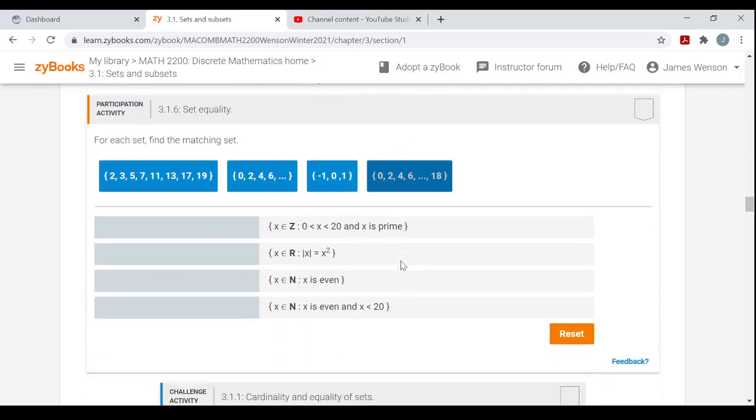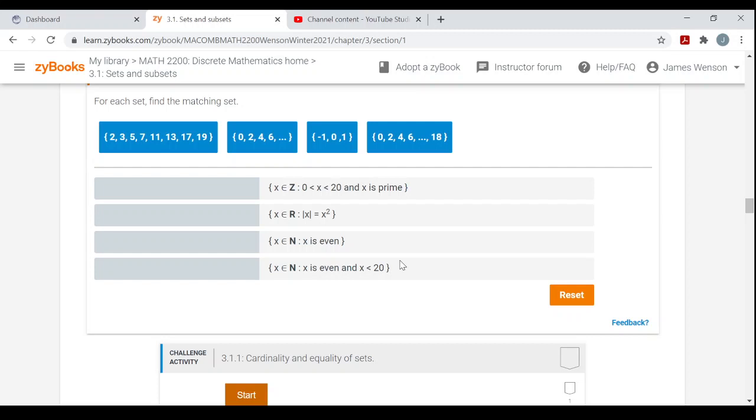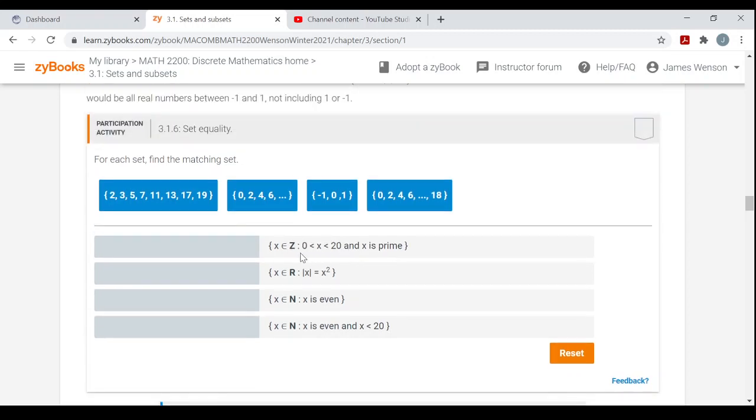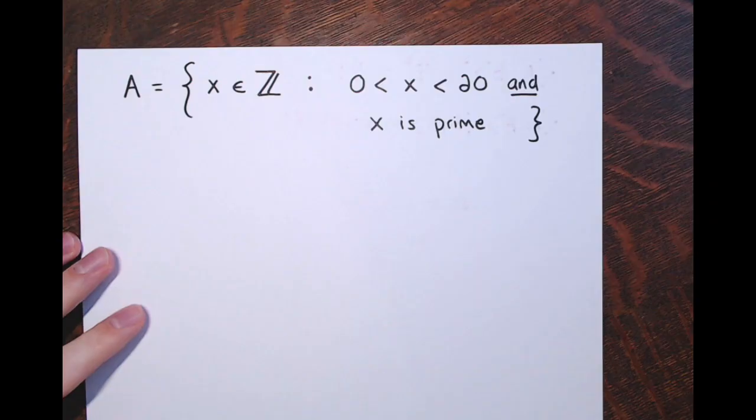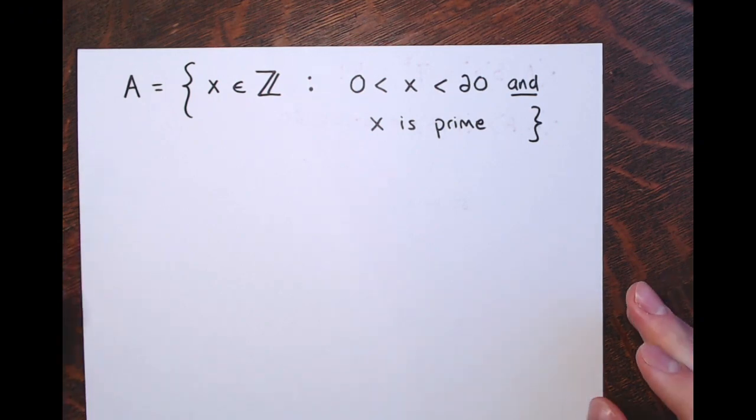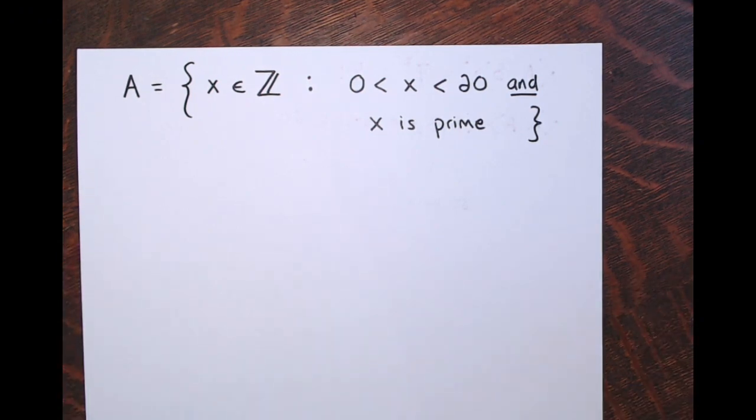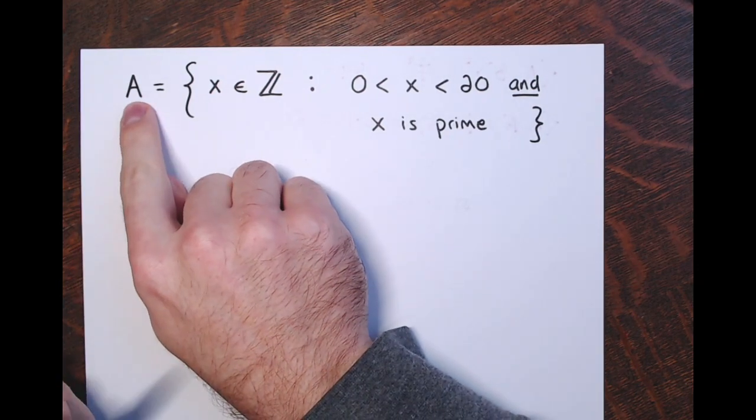All right, so I'm going to actually write these out on some paper here, and we'll see. We are given a set here in set builder notation, and we have to fill in what that would look like in roster notation. All right, so I'll start with the first one. This is the first set in this activity. I called it set A. They didn't have a name for it.